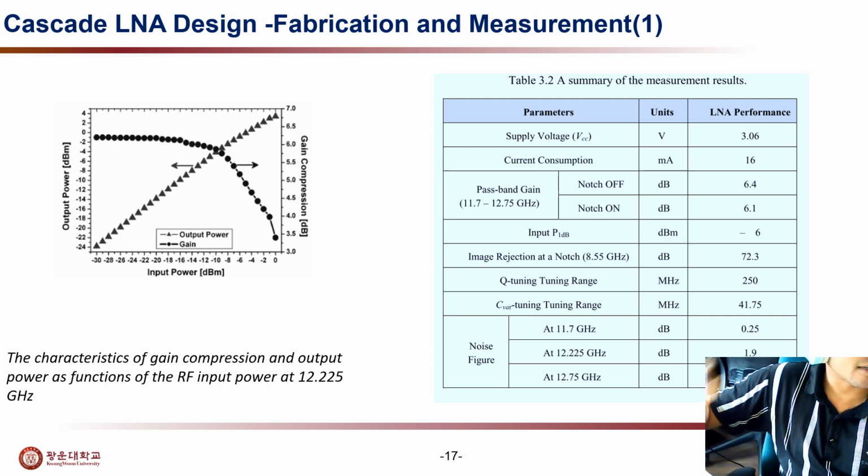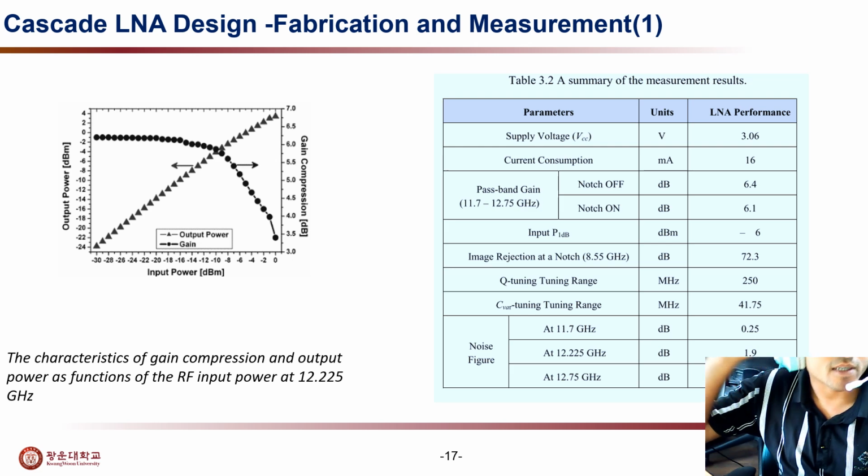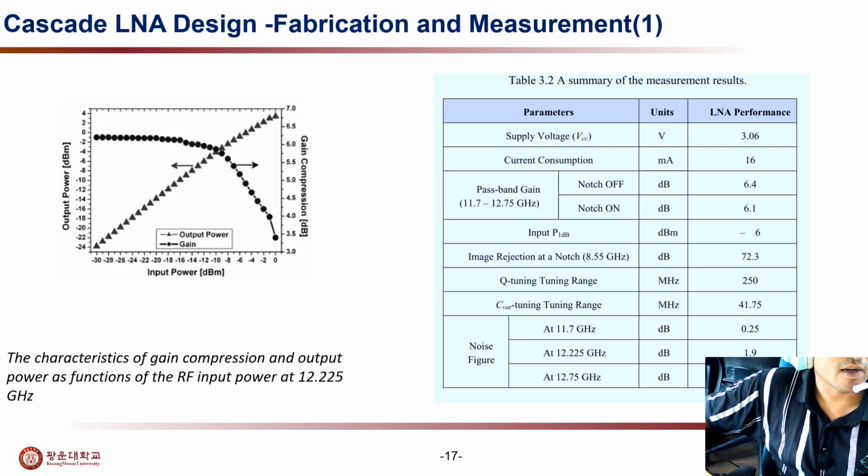In the case of the cascade LNA design, finally we get some measurement results and also some simulated results. Here is the summary of the measurement results in this table with different parameters: supply voltage VCC, LNA performance 3.06, current consumption 16 milliamperes, and passband gain 11.7 to 12.75 gigahertz.